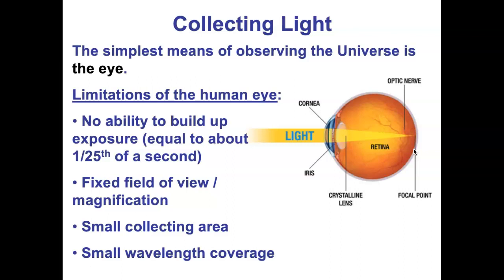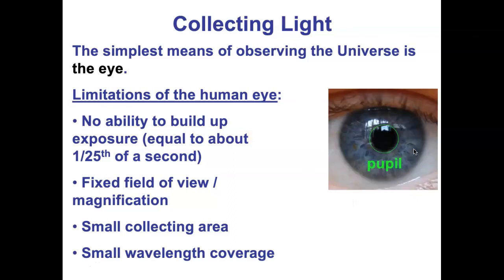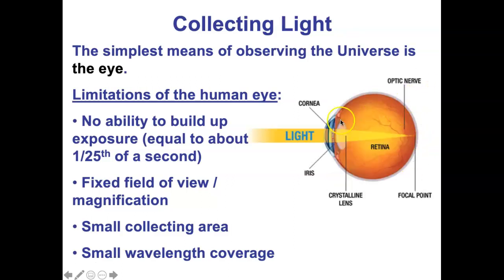Our eyes have a small collecting area, meaning our eyes only collect light when that light enters our pupil. The light goes in your pupil and it gets focused by the lens onto the retina. So if we had larger eyeballs, if we had a larger collecting area, if we could collect more light per second, then faint objects would look brighter.